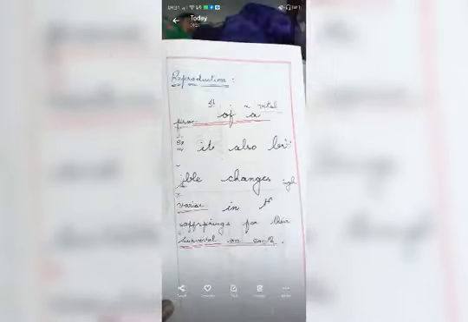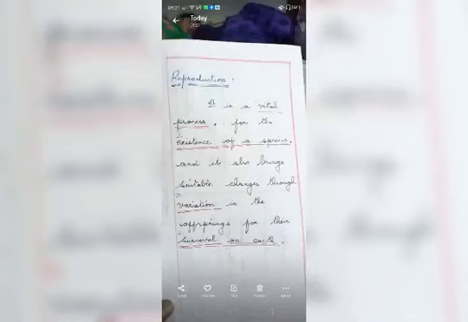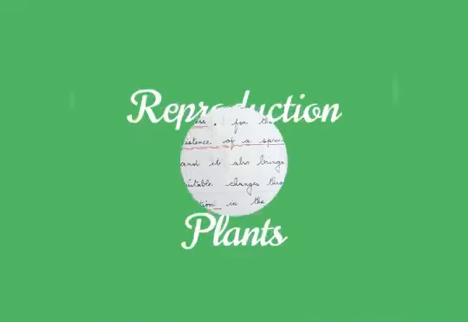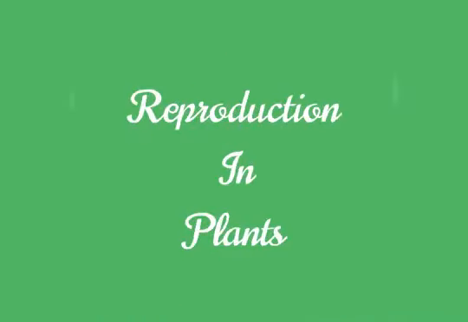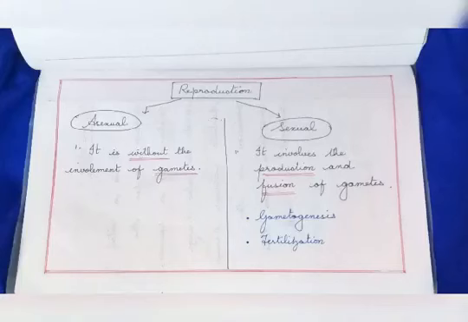So for the survival of the entire universe, every plant and animal needs to undergo the vital process called reproduction for the existence of the species. If their family, their groups, their organisms need to live for a long time, this reproduction has to take place. So that is a very important thing that is mentioned in the definition.